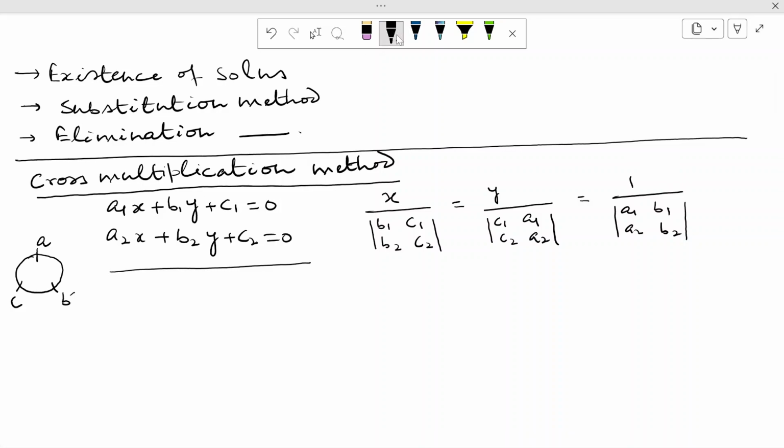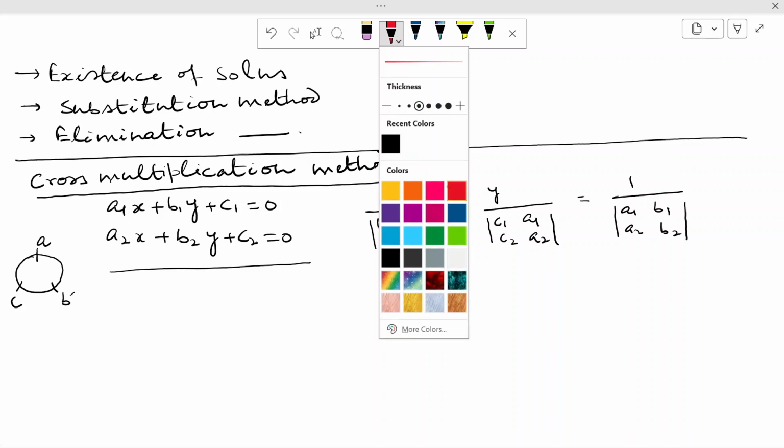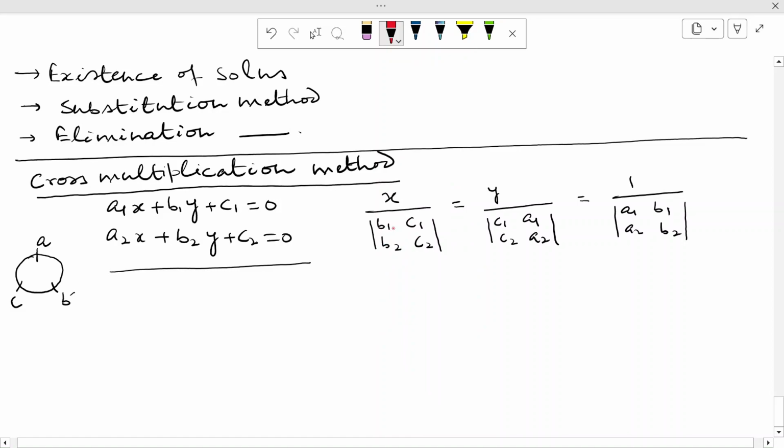Now we have to consider the multiplication. So multiplication के लिए हम लोग इस डायरेक्शन में multiplication करते हैं. So means b1 multiplied by c2 minus b2 multiplied by c1. बीच में जो साइन रहेगा वो हमारा माइनस का साइन रहेगा. सेम यहाँ पर आप c1 को a2 से मल्टीप्लाई करिए और c2 को a1 से, again c1 a2 minus c2 a1, और सेम यहाँ पर भी आप a1 b2 करो और minus a2 b1.